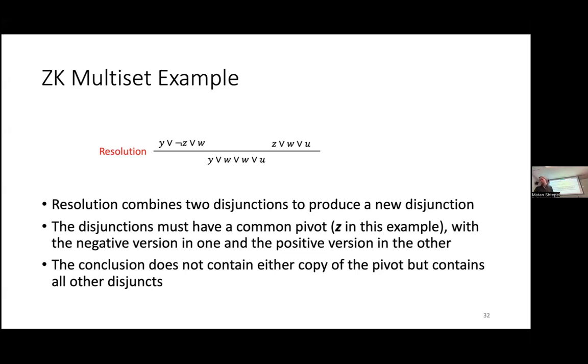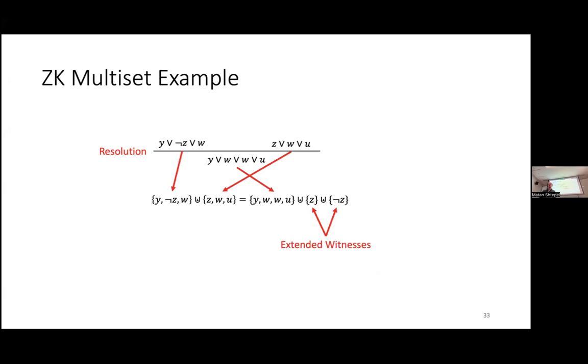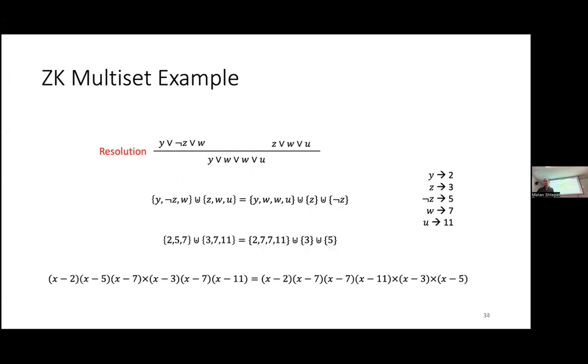This application of resolution that you see here is valid if this multiset equivalence holds. We turn our two premises into multisets, and on the right-hand side, we have the conclusion as a multiset, along with positive and negative copies of the pivot. We can turn this multiset equivalence check into a polynomial equivalence check by replacing all those variables with numbers, and then introducing a new polynomial variable x, as you can see here.